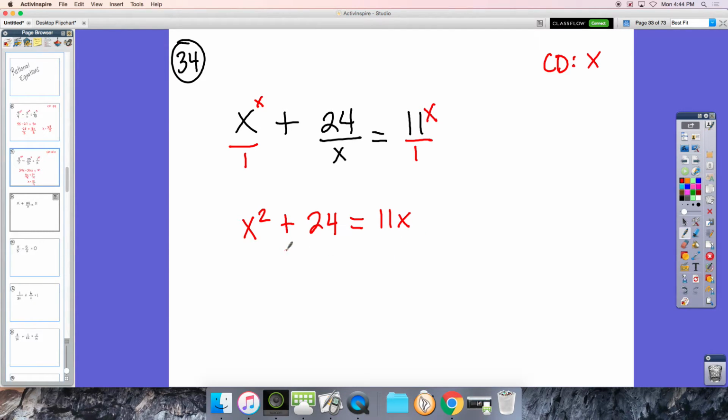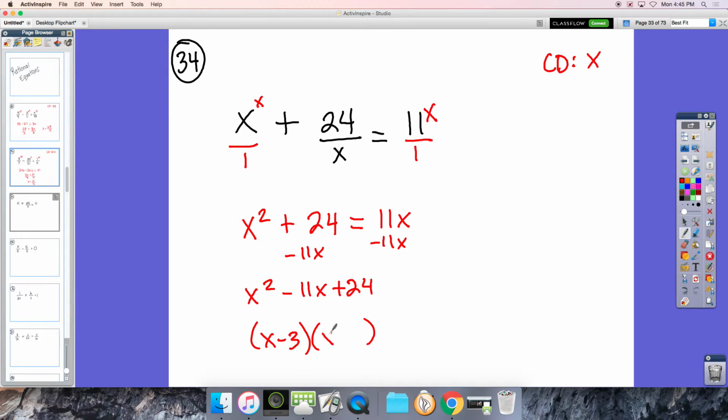Now I can't just subtract this and get rid of anything, so what I need to do is put them all on one side and then factor. So I'm going to subtract 11x over. Now I have standard form, and I can factor. So what multiplies to 24 and adds to negative 11?